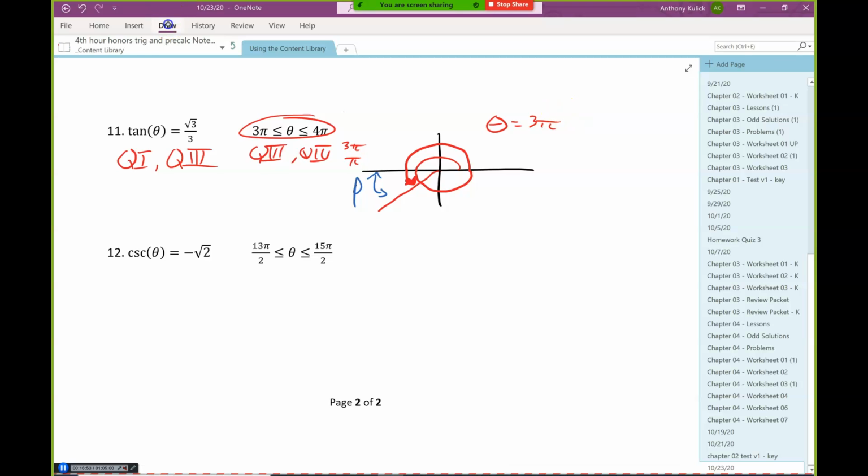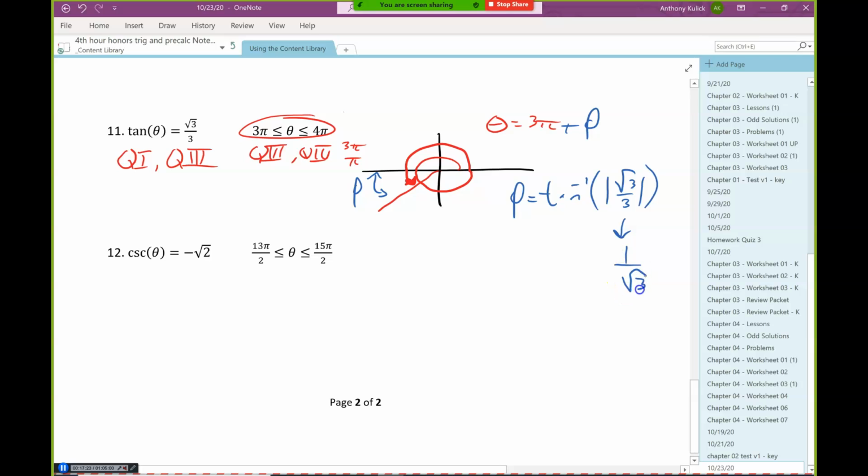And how do we find phi? Well, it's just going to be the value of tangent in the first quadrant. So what's helpful here, instead of thinking about this as square root 3 over 3, I'll think about it as 1 over the square root of 3. So the y-coordinate should have a 1 in it, and the x-coordinate should have a root 3 in it.